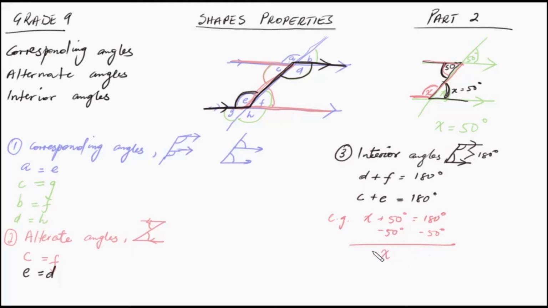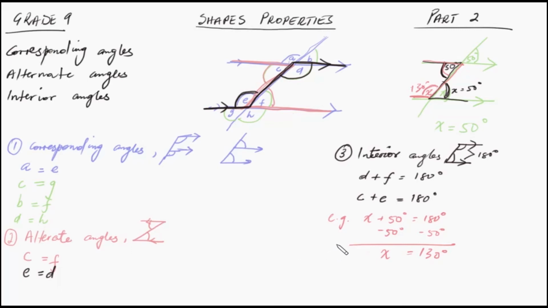So you have x on the left-hand side equal to 180 minus 50, which is 130 degrees. So you would get this as 130 degrees. So 130 plus 50 is 180. That's actually the relationship. Those are the rules that I want you to grasp before we can go anywhere in this topic.